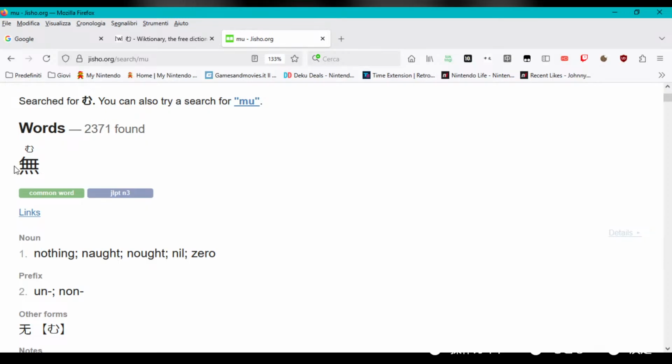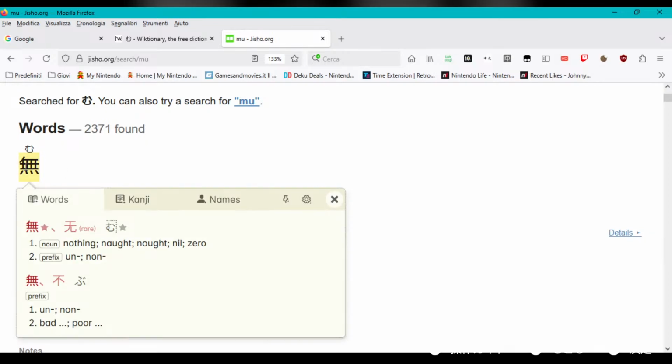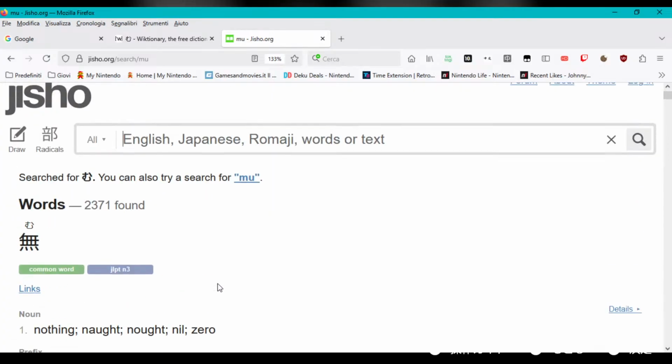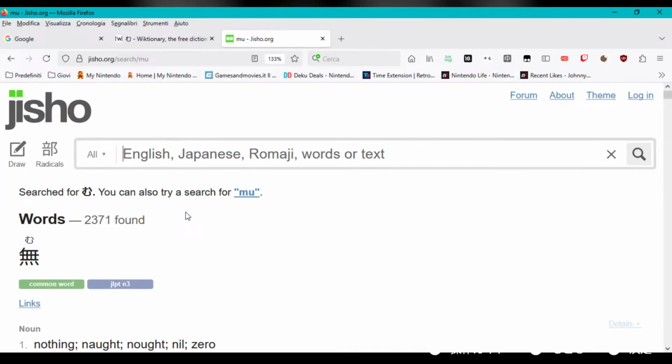Yeah, there's this word, also prefix. Mu means nothing, not, nil, zero. And as a prefix, it means unknown in the sense of missing something, because there's also another negative prefix, which we'll see now. We could have seen it before, but forgot.